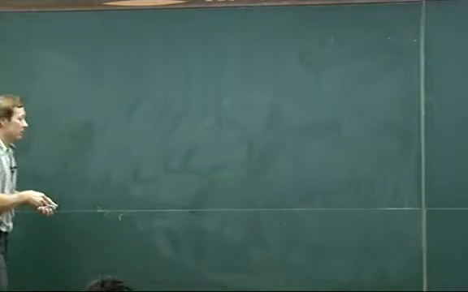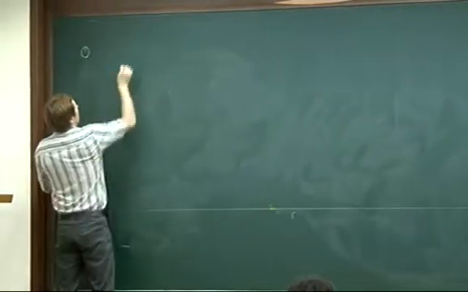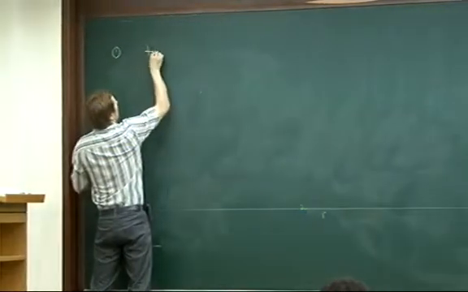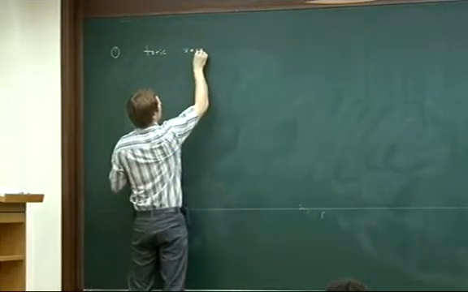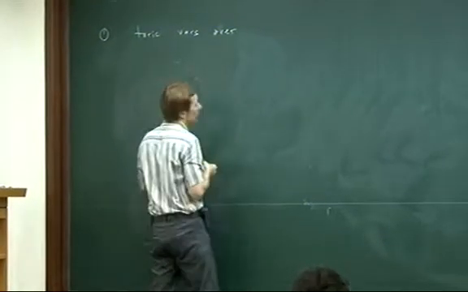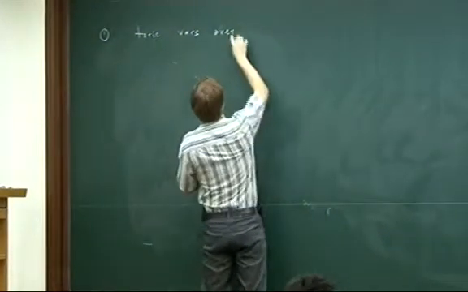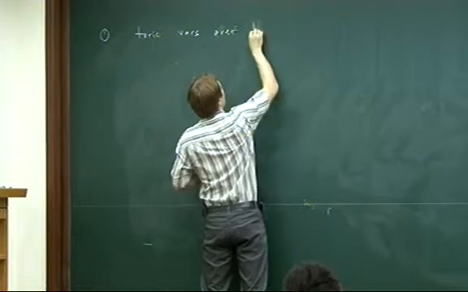And so let me begin from the beginning, and that would be this case 1. And let me begin with toric varieties over P.